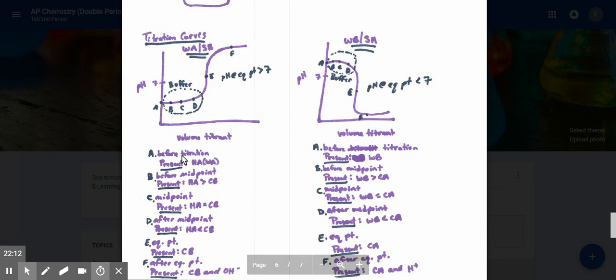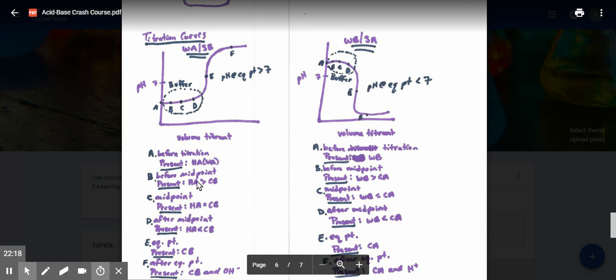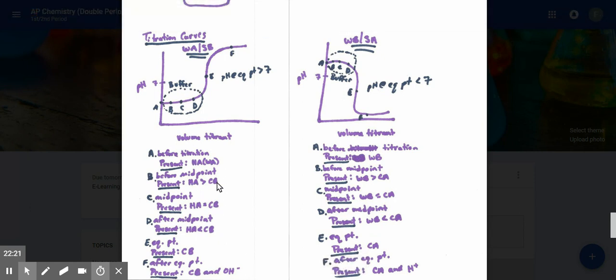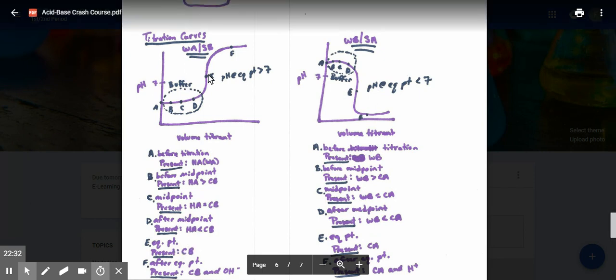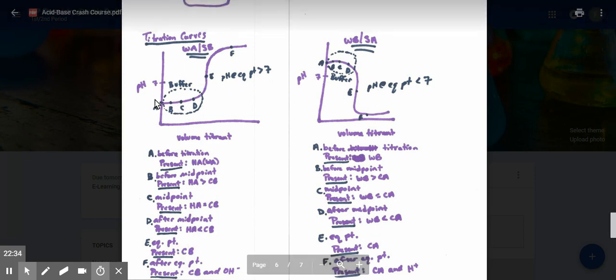So what's present here before the titration is just your weak acid. Then I start making my buffer in this region here. So I have more weak acid than conjugate base, but at the midpoint, those are equal. After the midpoint, I have more conjugate base than I do my acid. At the equivalence point, remember that all of this stuff has been converted to my conjugate base, which is my salt.